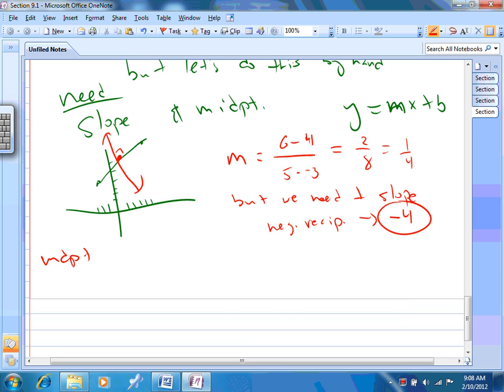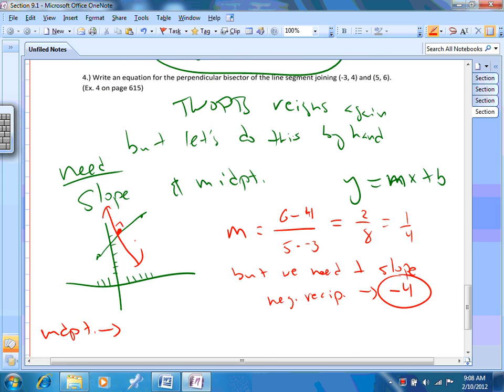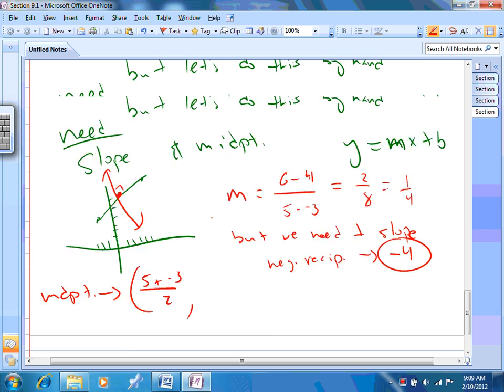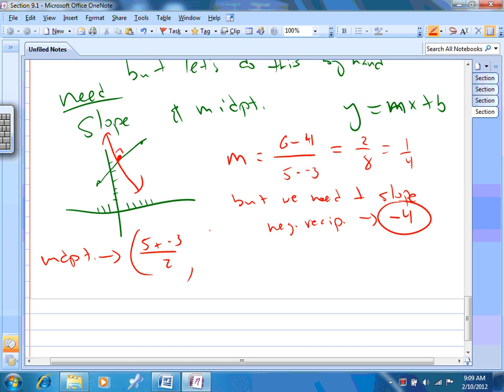Then the midpoint, that should be easy. If you average your x values and average your y values, you should get 1, 5. So now these two come together.